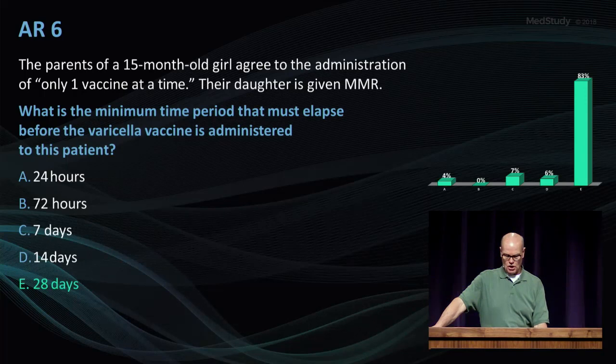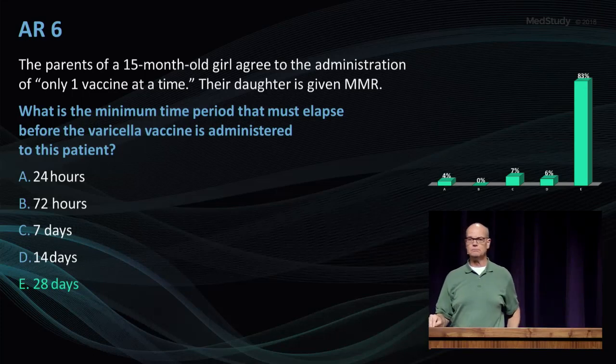Right. So this brings up the point of how long do you have to wait between the administration of live vaccines? You can give as many live vaccines on the same day as you would like, but otherwise you must space out live vaccines by at least 28 days.